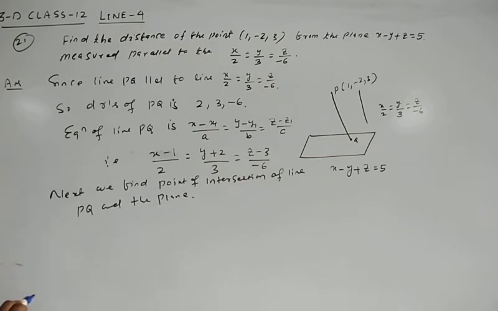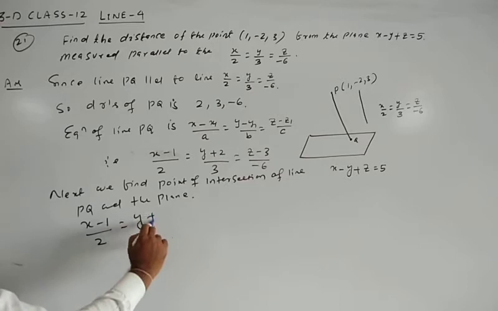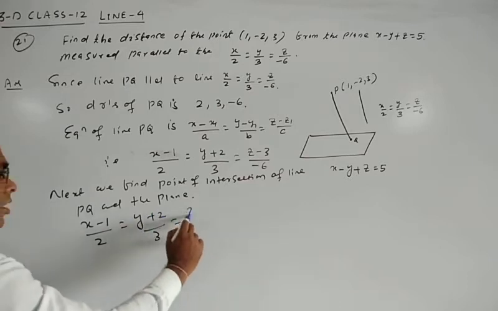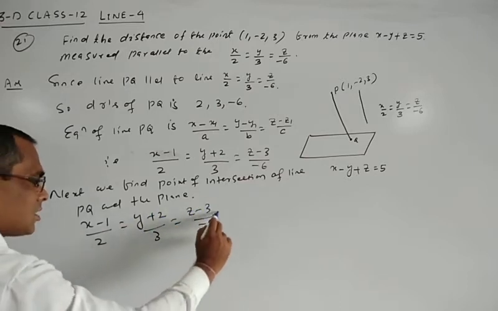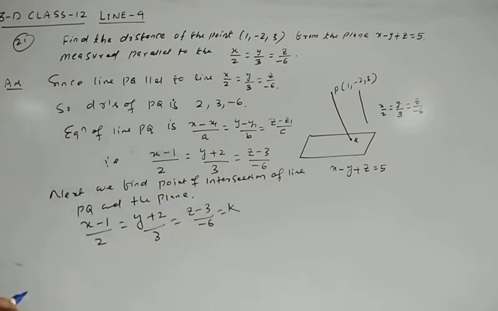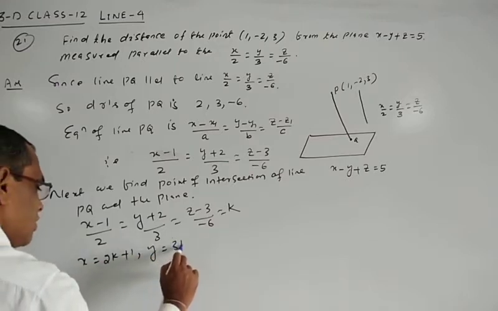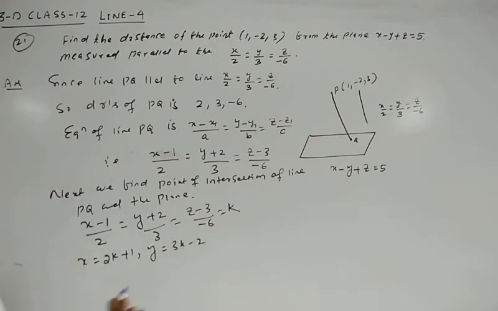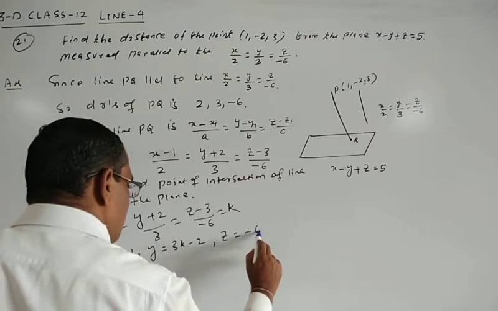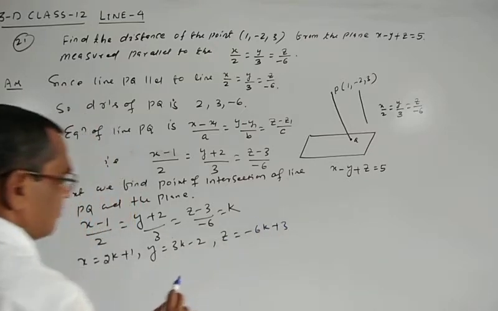So how to find the point of intersection? Take x minus 1 by 2 equal to y plus 2 by 3 equal to z minus 3 by minus 6 is equal to k. Okay, so x is equal to 2k plus 1, y is equal to 3k minus 2 and z is equal to minus 6k plus 3.